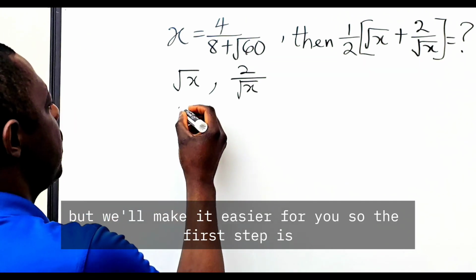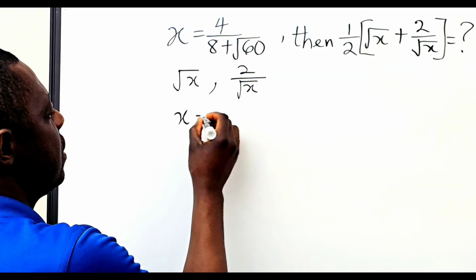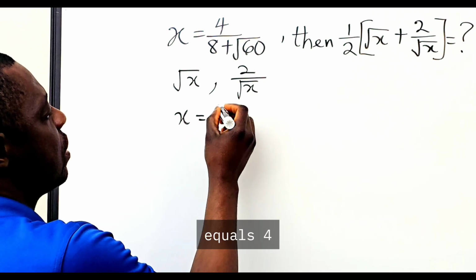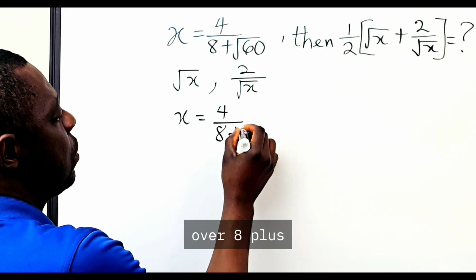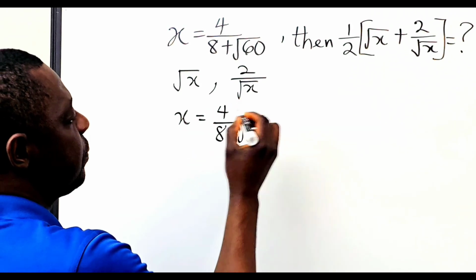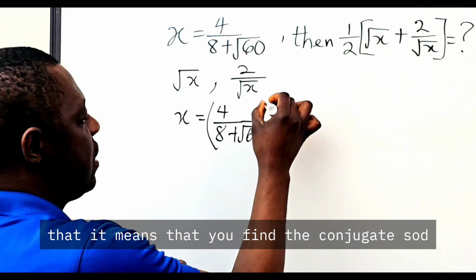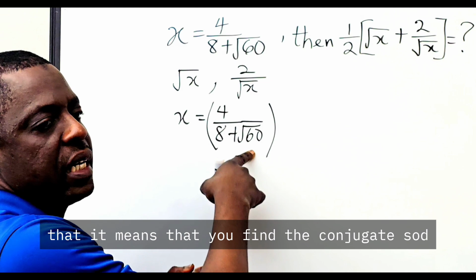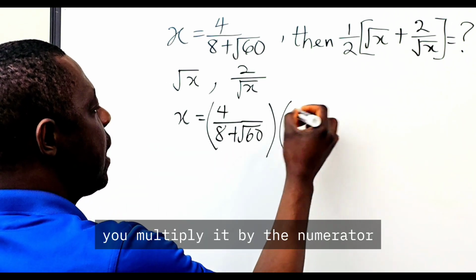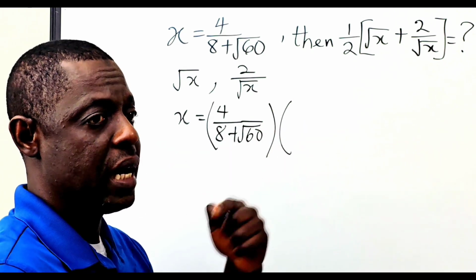So the first step is, let's rationalize this. x equals 4 over 8 plus root 60. If you rationalize that, it means that you find the conjugate surd, and you multiply it by the numerator and the denominator.